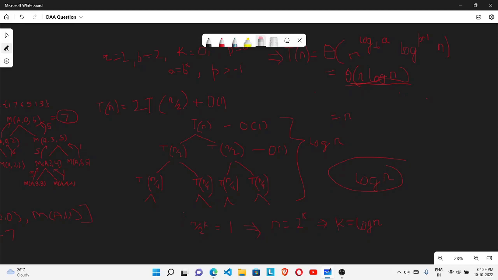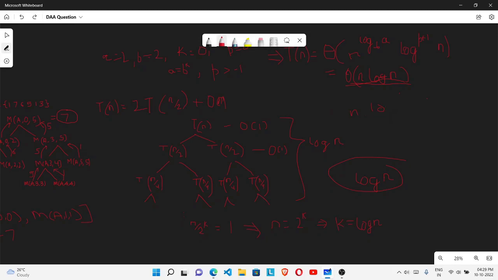At every step, it's just taking constant complexity, right? So we don't have to add them together. It's already being taken care of in this. But see, if at every step it was taking linear complexity, big O of n, then yes, you'd have to consider it as n and multiply it with log n. In that case, the complexity would be big O of n log n.